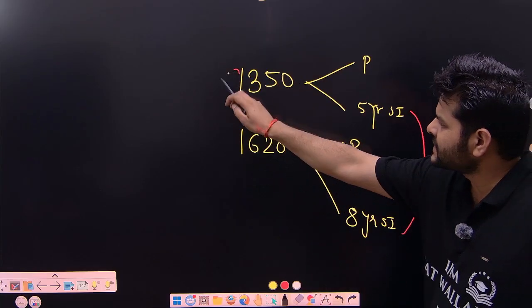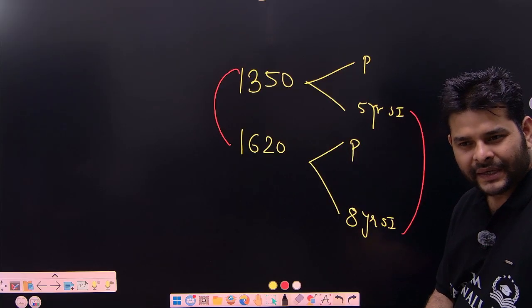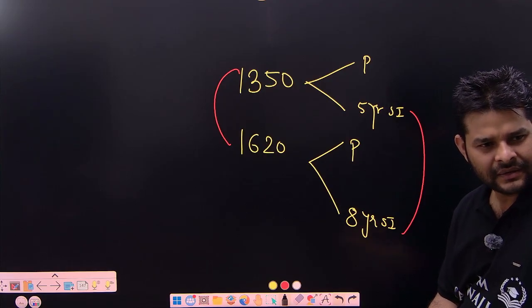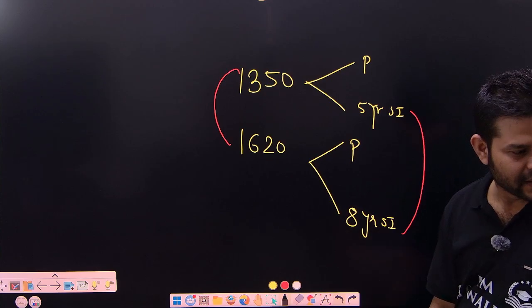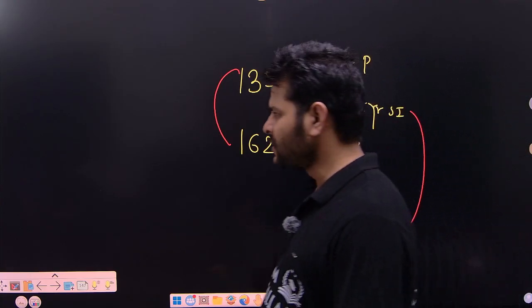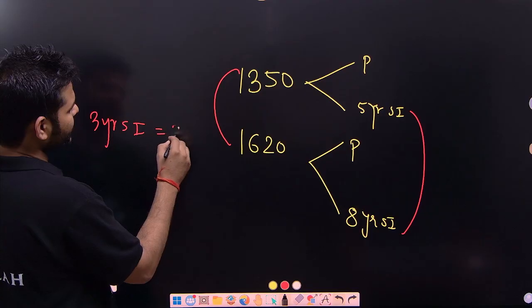The difference is 270. So basically, 270 is nothing but 3-year SI. Quite clear? So basically, 3-year SI is 270.